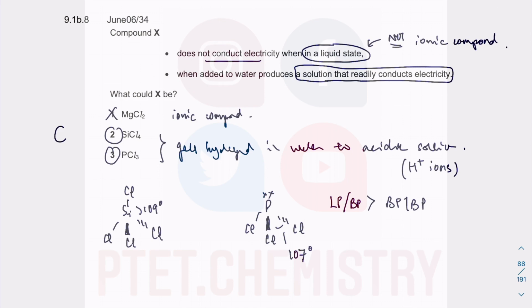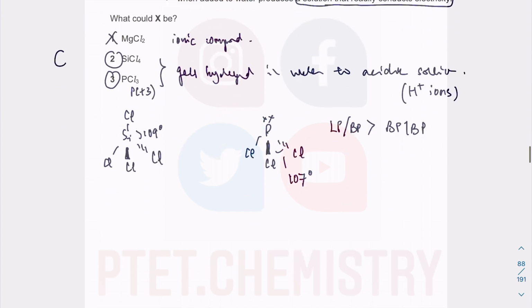Okay, so in a theory paper, you'll be expected to know how to write the balanced equation to show the hydrolysis of these to form SiO2 and HCl, and this one is phosphorus +3. So I'll just highlight these because you started with phosphorus +3. When you add water to it, you would get the acid, which is phosphorus +3, and your anion is PO3 3-.